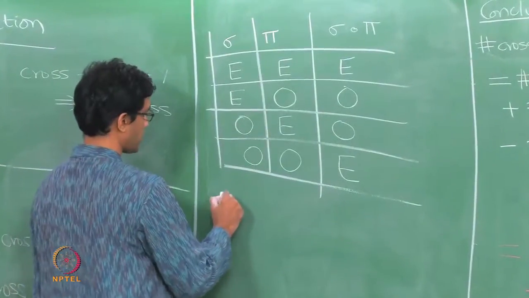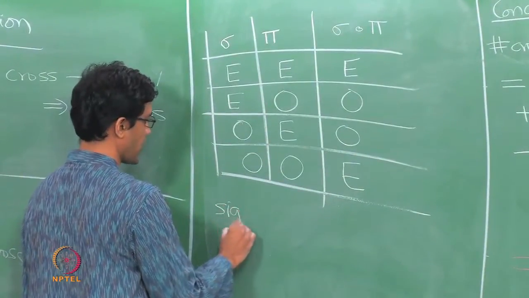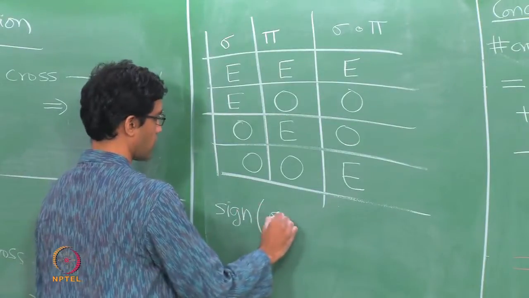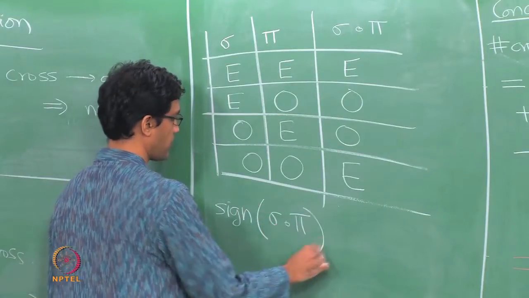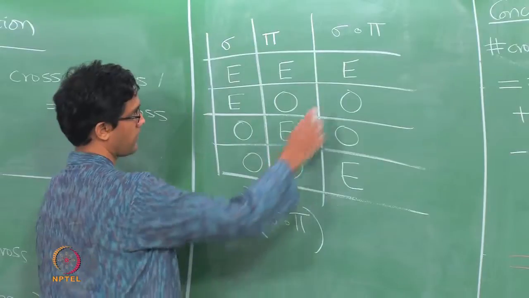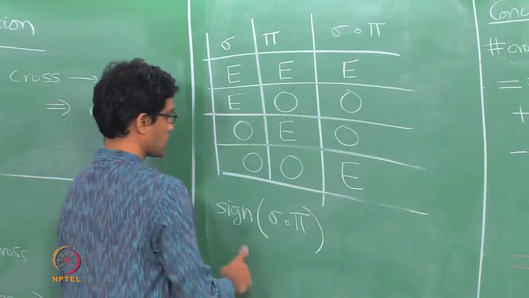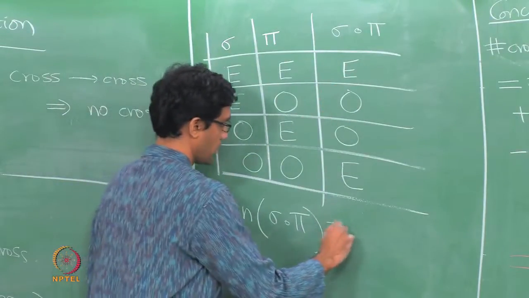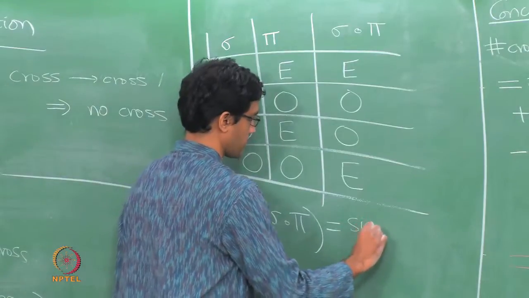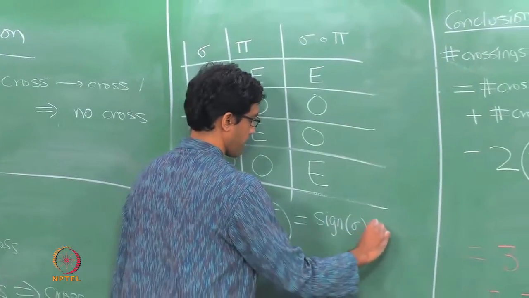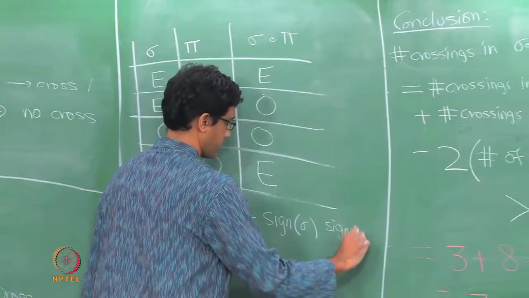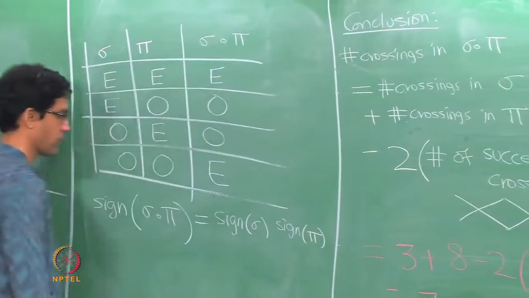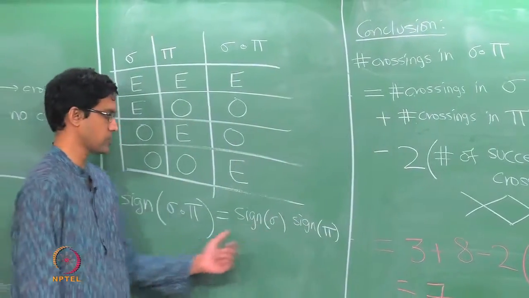Sometimes a very easy way of writing this out is to say the sign of the composition. Remember, the sign was defined to be +1 or -1 depending on whether the permutation is even or odd. So the sign of the composition is just the product of the signs. It's another way of saying, if both are +1, the answer is +1.